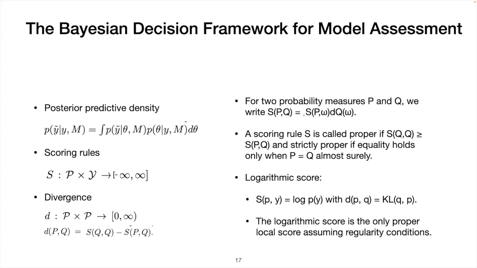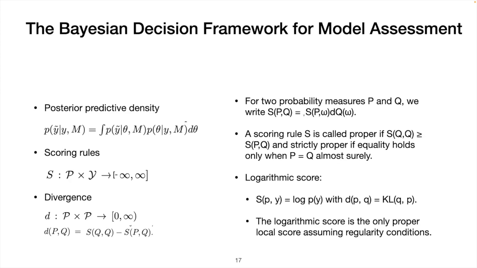And the scoring rule is called proper if S(Q,Q) is larger than S(P,Q). That's understandable because if your prediction is the true data generating process, it should always have the largest scoring rule compared with any other predictions. And the only strictly proper local scoring rule for continuous outcome is the logarithm score.